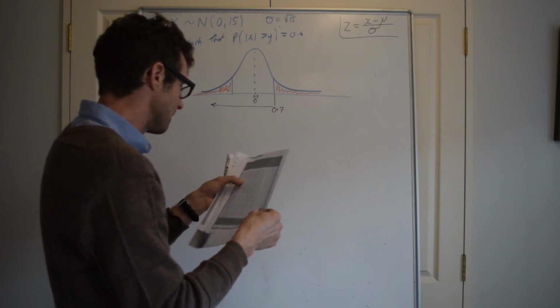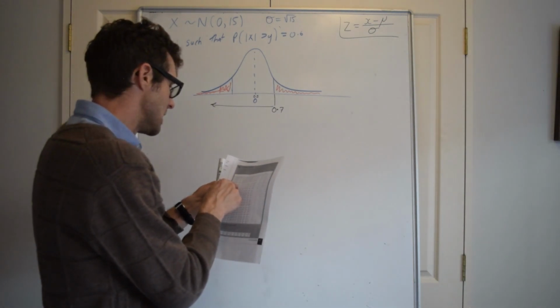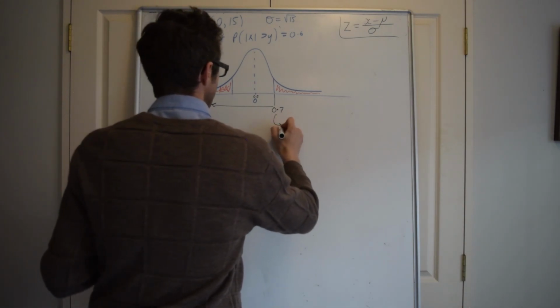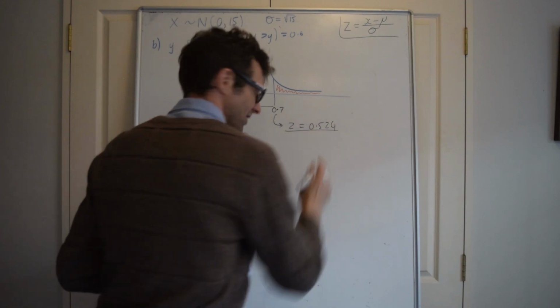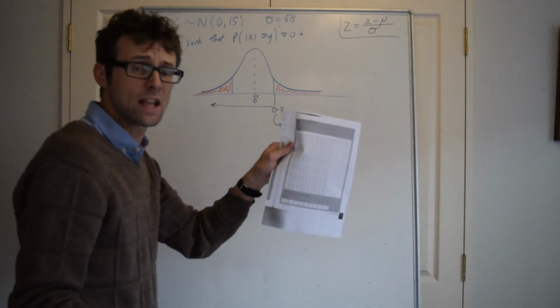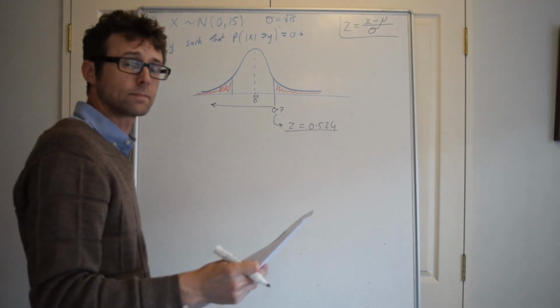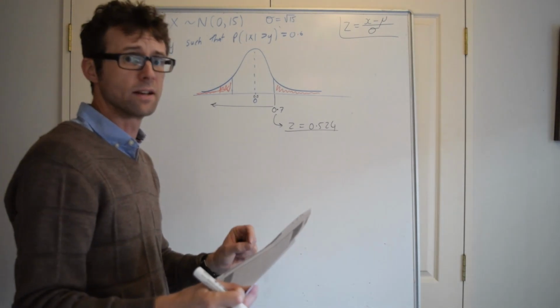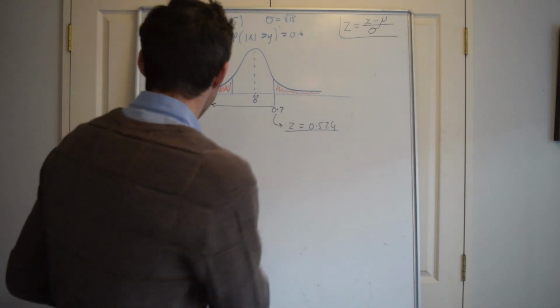So I'm saying, according to my table, I think it should be 0.524. So Z equals 0.524. I suggest you pause the video if you don't have this available. Have a look at how I got this number from a 0.7. If you can't figure it out, maybe email me and I can show you highlighted on a sheet or something.